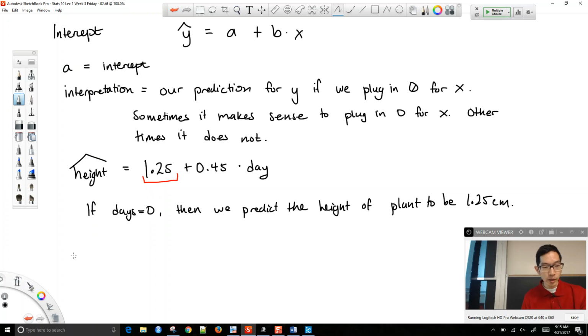Okay. On the other hand, we might have something like, if we're talking about the weight of a snake based on its length. So if we're talking about snakes again, and we have something like predicted weight is equal to, I'm just making up numbers, 12.4 plus 9.7 times length.